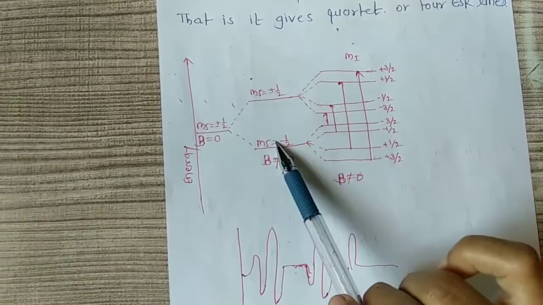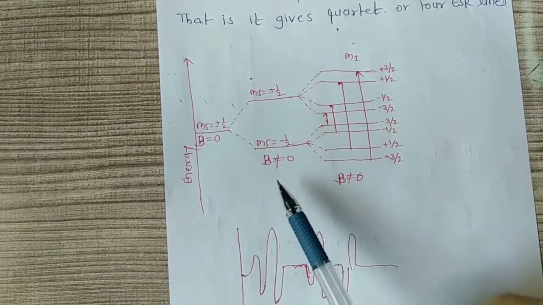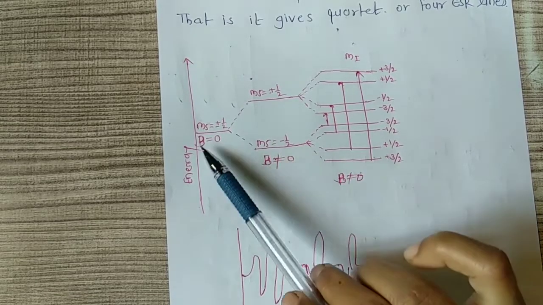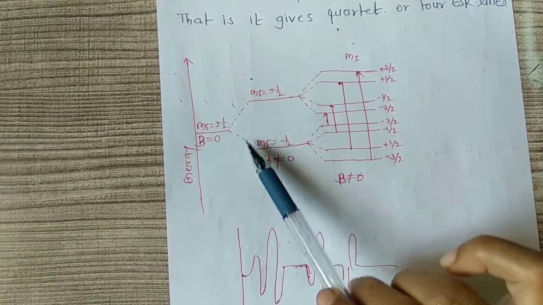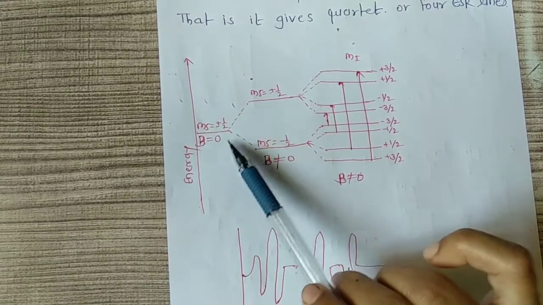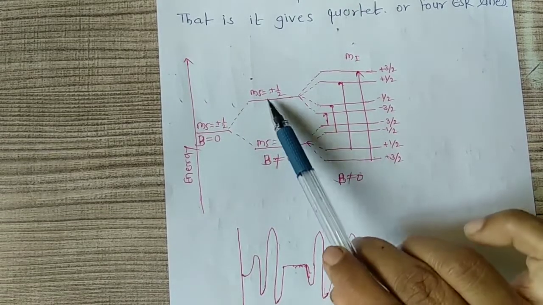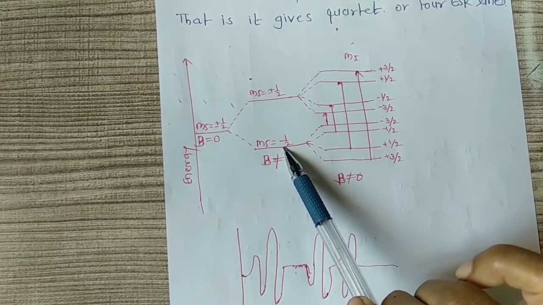After application of the magnetic field, this degeneracy is removed and Ms is equal to plus minus half splits into two energy levels, plus half and minus half.